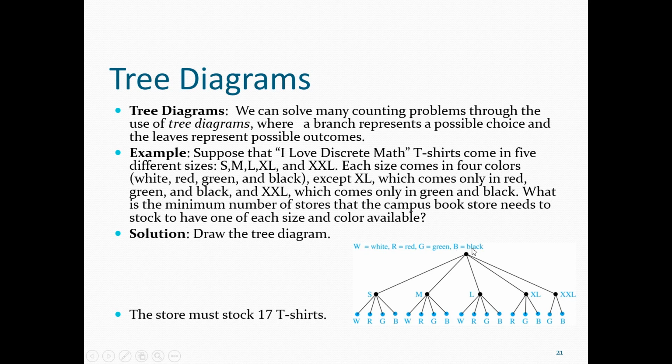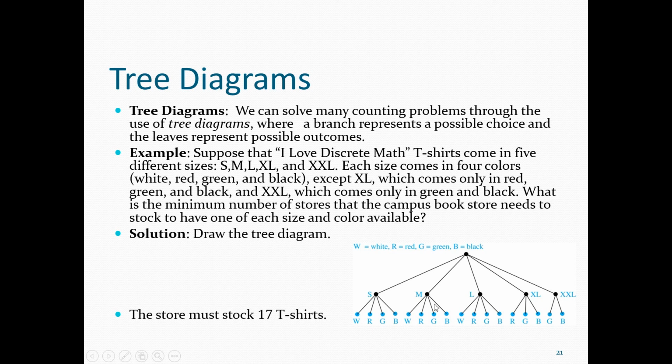We'll start with 1 dot from where we'll draw the branches. The t-shirt comes in different sizes: small, medium, large, extra large, double XL. Each size comes in 4 colors: white, green, red and black. So small: white, red, green, black.